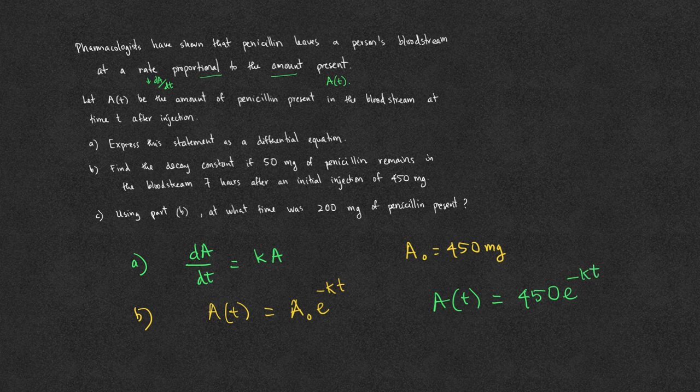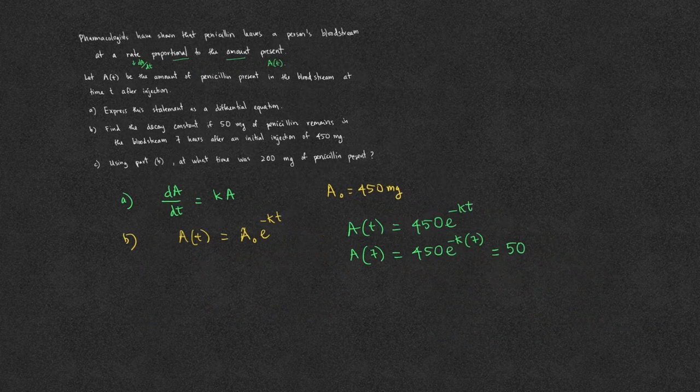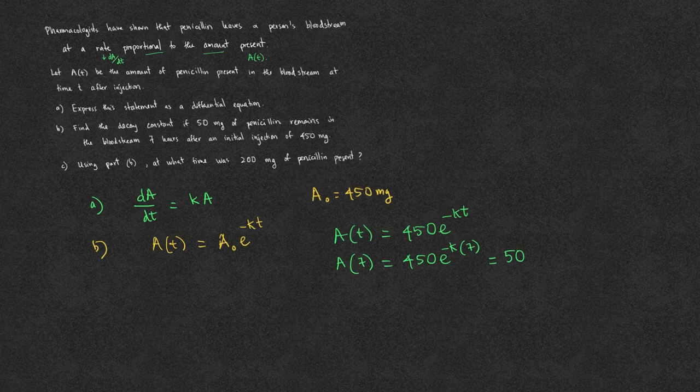With the given information, 50 mg remains after 7 hours. What this means is that if we plug in t equals 7 into this equation, where k is still unknown, this amount needs to be 50. In this equation, there is only one unknown, k. We should be able to find k.